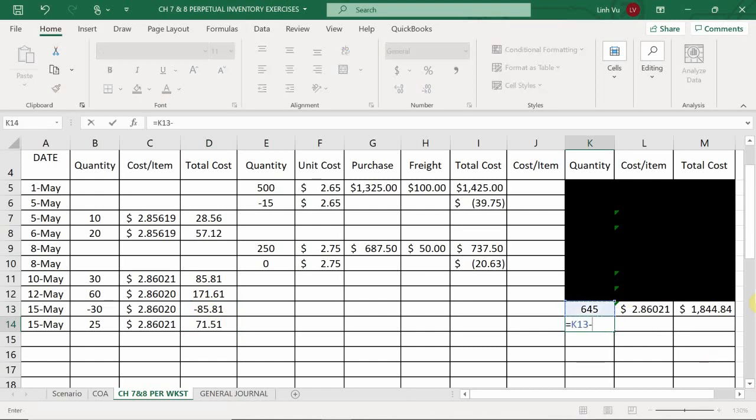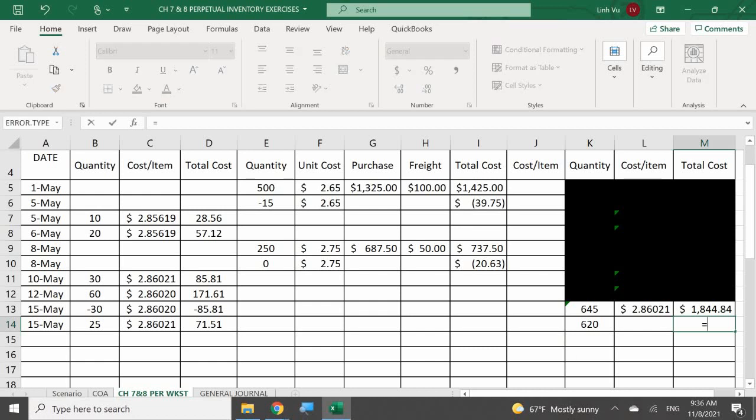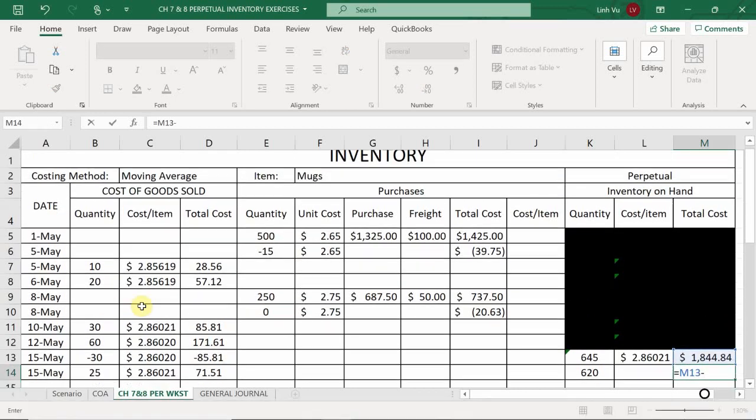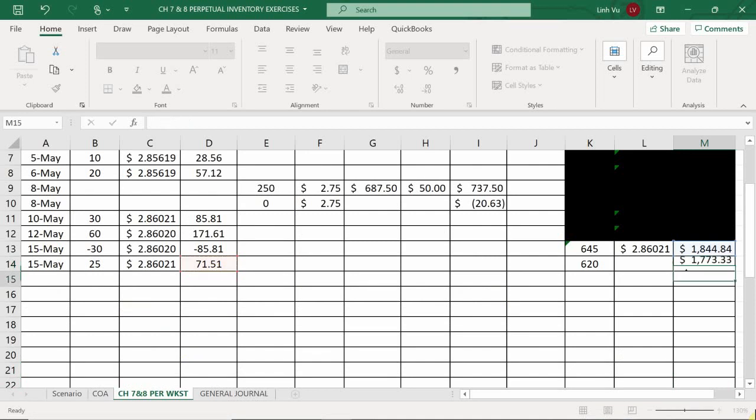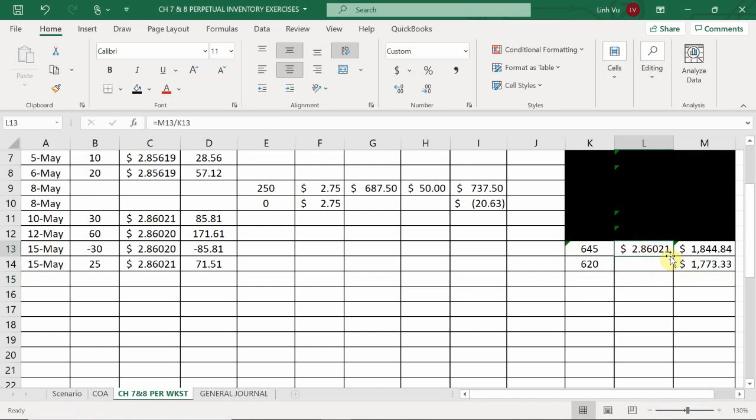So therefore, I should have a new total cost, or I'm sorry, a new quantity of $620. Got you. And then the total cost is going to be your $1773.33, which will bring your average cost per item back down by 10,000th of a penny.